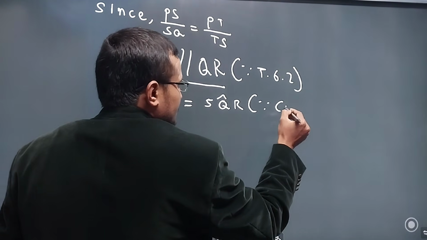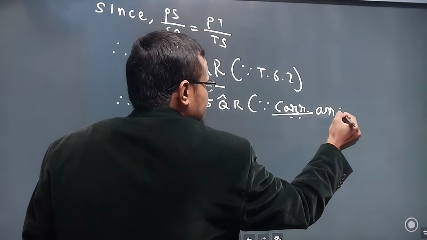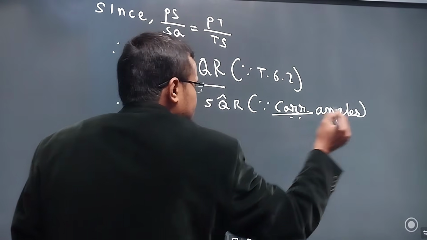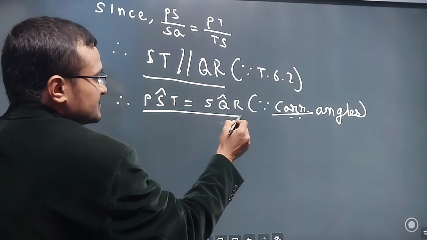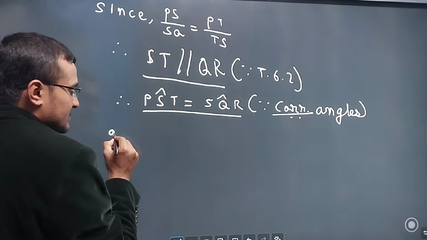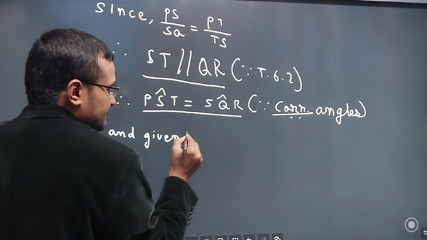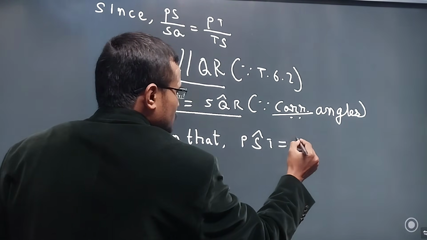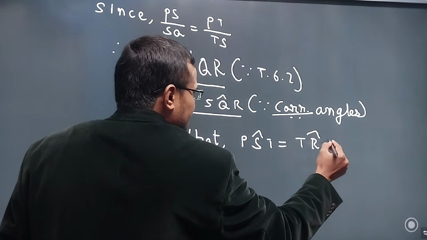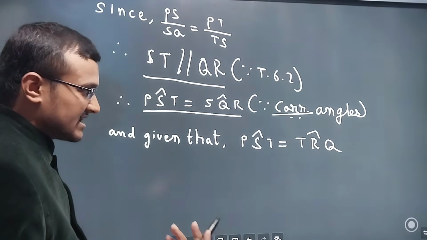This is because of the corresponding angle theorem, as they both act as corresponding angles. Since PST is equal to SQR, and they have given that PST is equal to TRQ.